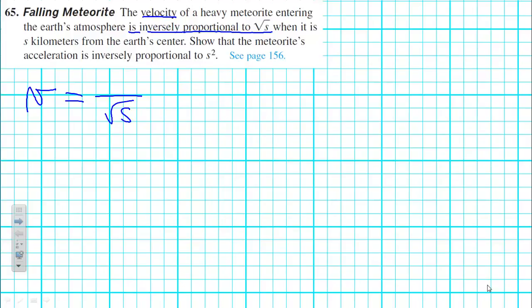But if there's a proportionality here, there's always a letter k, called the constant of proportionality. The translation of the first sentence is this notation: velocity is inversely proportional to the square root of s. And whenever you see proportional, there's a constant of proportionality. Everyone good with that?